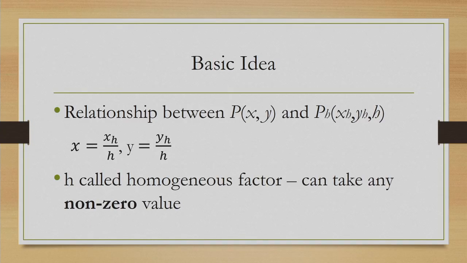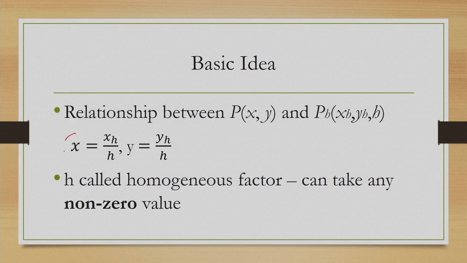So, what is the relationship between these two representations? We have a 2D point represented by its two coordinates x and y, and now we are representing the same point in a 3-dimensional space called the homogeneous coordinate system, with 3 coordinate values xh, yh and h. So, what are the relationships between these quantities?